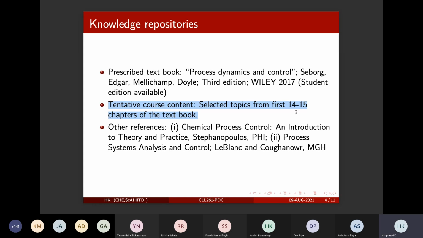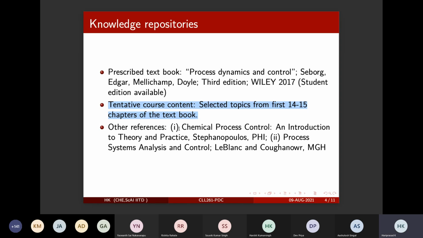That would be the overall course content, which, if you assume 14 weeks, we would like to cover, sometimes plus or minus. Of course, the selected topics would be there in my presentation, so you can definitely go back and correlate if you have a textbook. Otherwise, my notes would also be sufficient in terms of coverage.